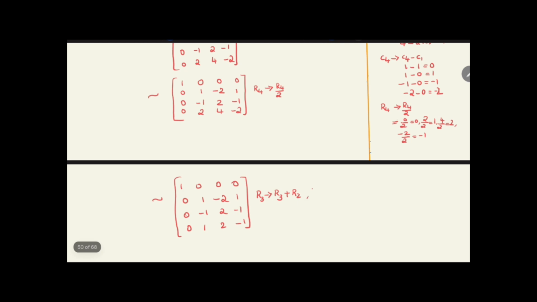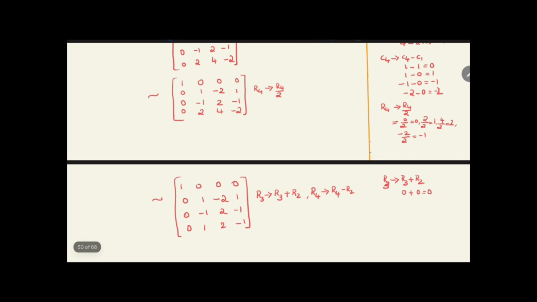Next, what is the next operation? R4 implies R4 minus R2. Okay, so now let me solve here. R3 implies R3 plus R2. Okay, what is the first element of R3? It is 0, plus first element of R2 is 0, so it is 0.